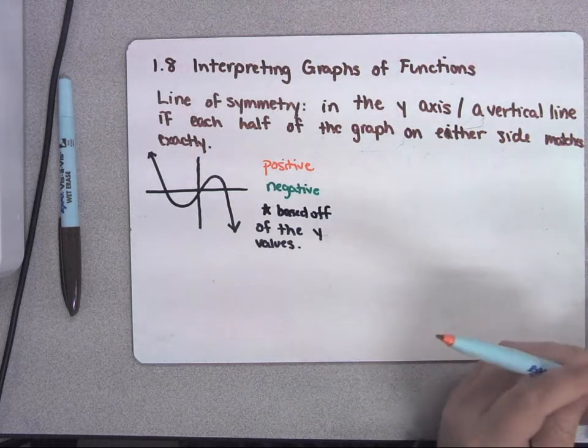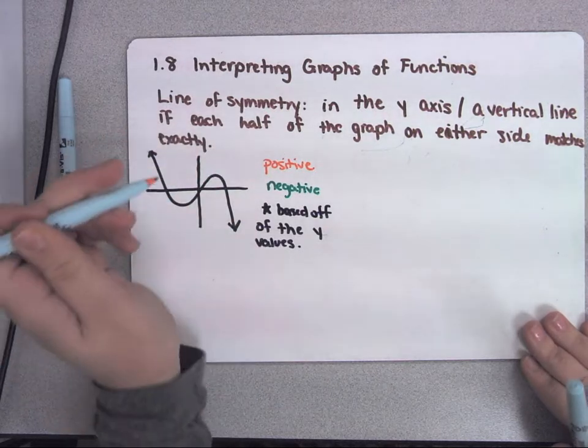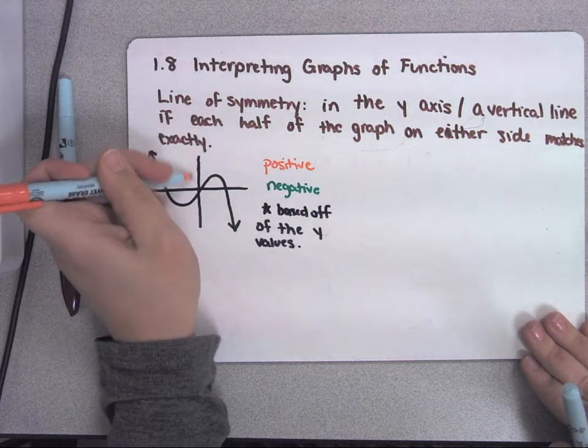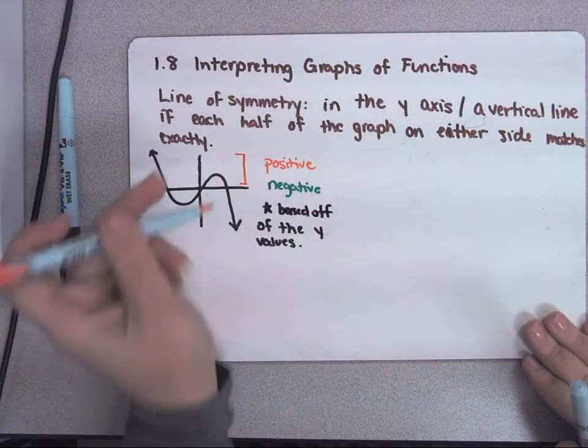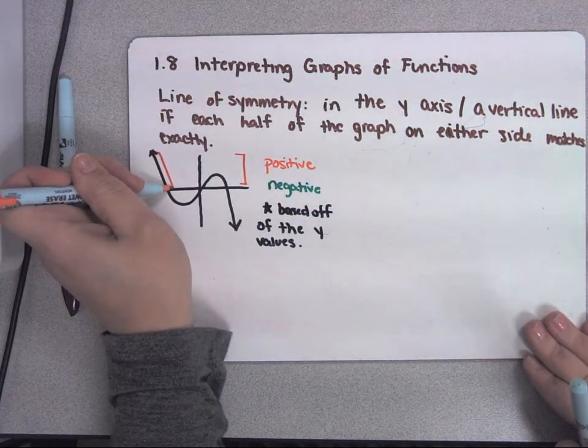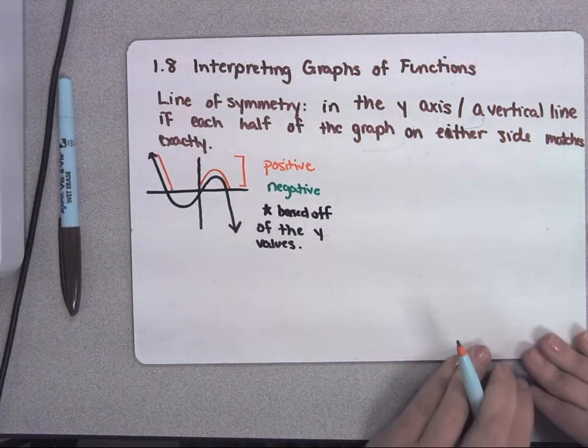Above the x-axis. So in this picture, this is why we use colors, everything that's up here, everything in this section is positive. More specifically, from here to here and here to here, that's the only stuff that's positive, yes?